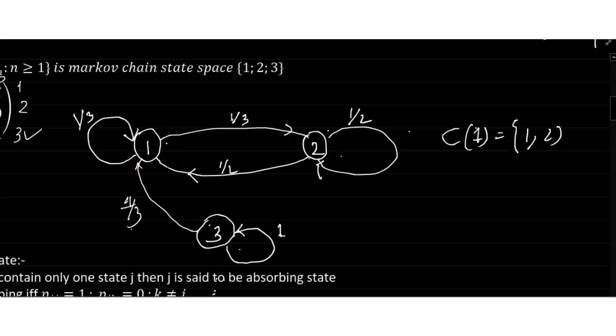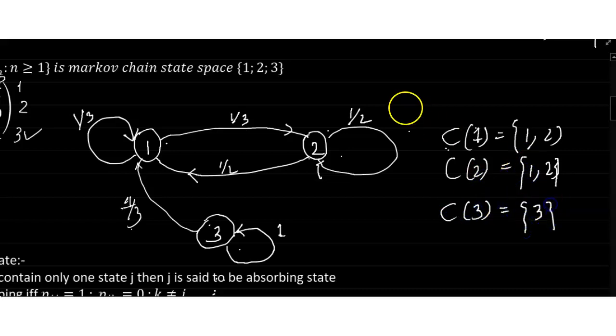There is no path back. That's why C1 equals only 1, 2, and C2 equals 1, 2, and C3 is only 3. So friends, this problem is reducible.